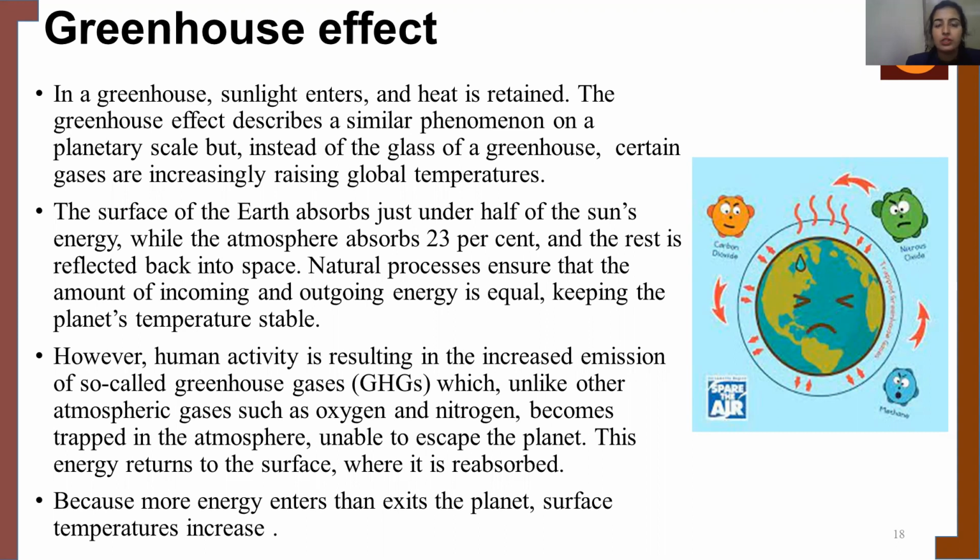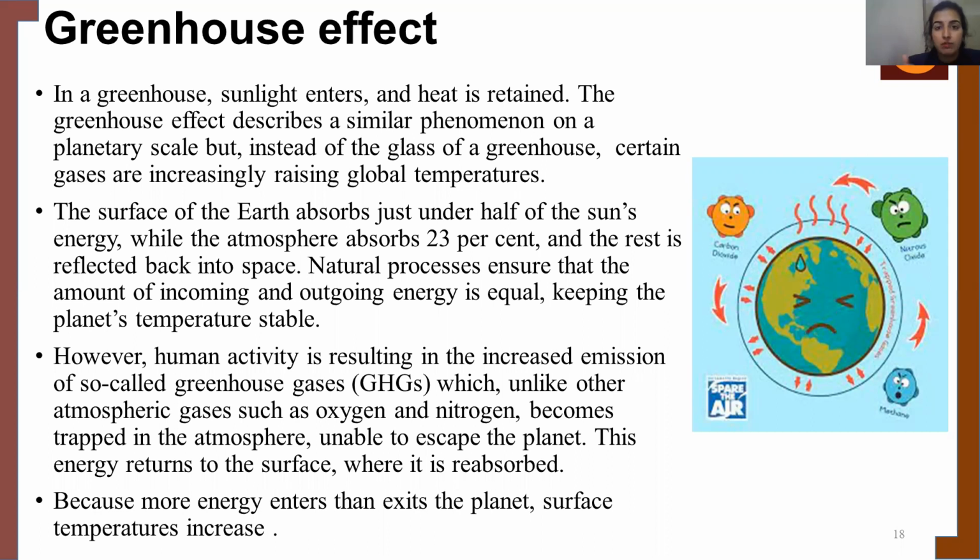However, due to human activities, there is an increased amount of emissions of greenhouse gases, which get trapped in the atmosphere. They don't escape the planet. They get trapped in the Earth's atmosphere.